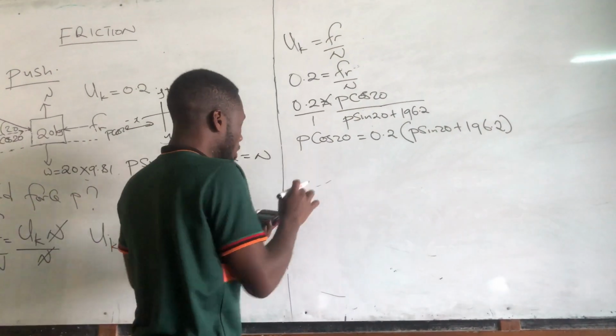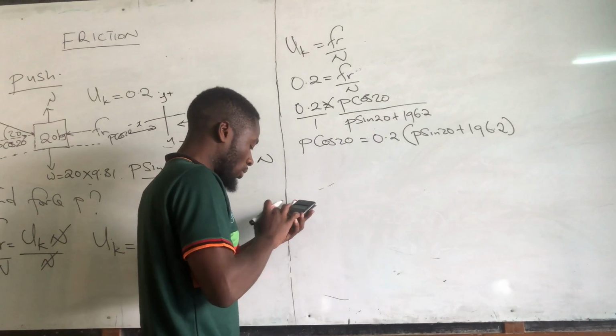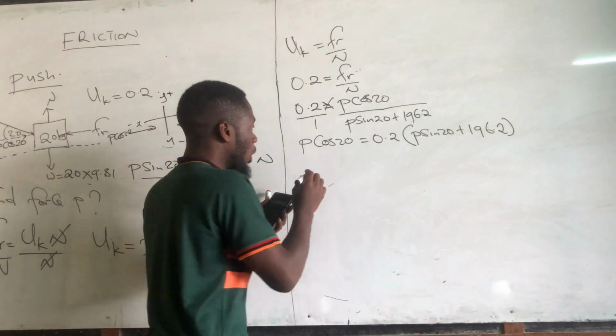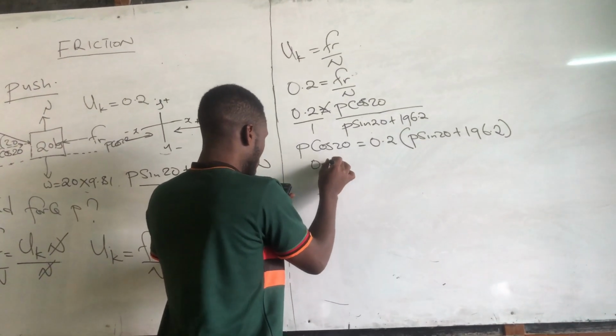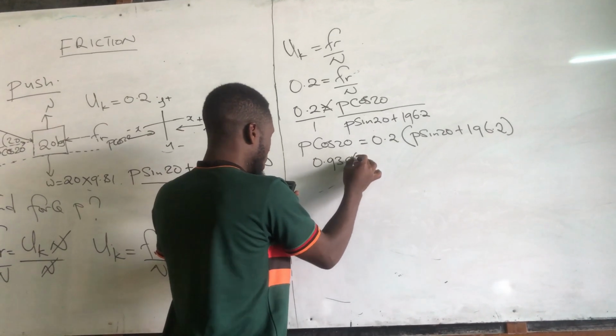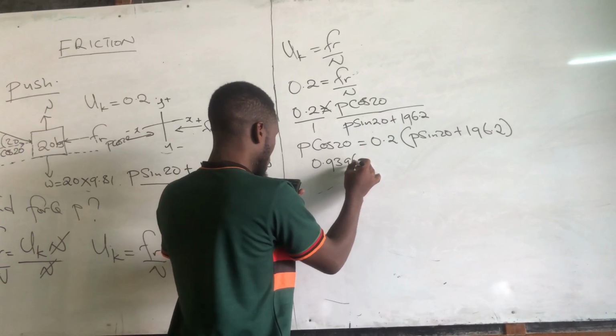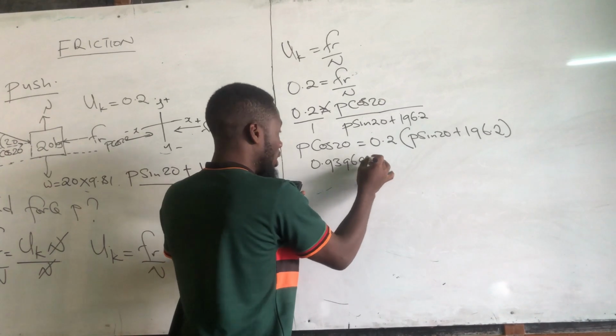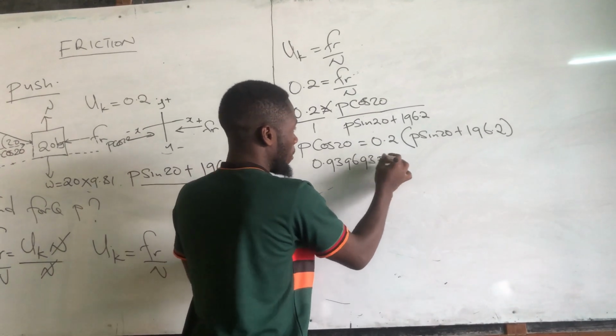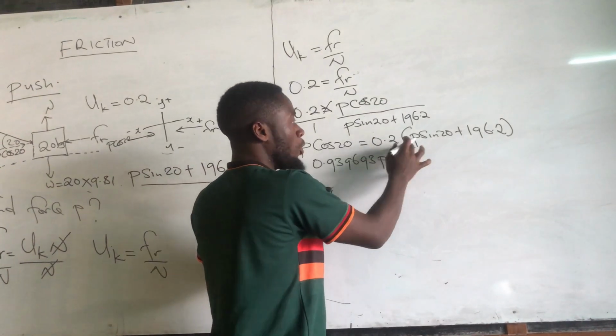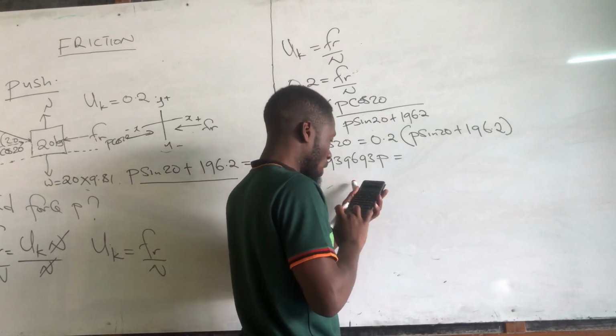So here you can practice this. What is cos 20? Cos 20 is 0.939693. And what is 0.2 multiplied by sine 20?